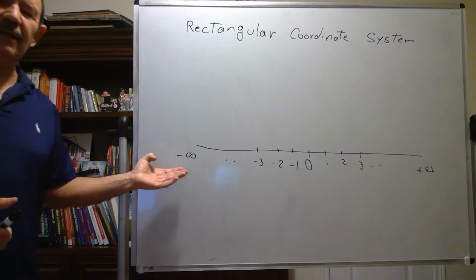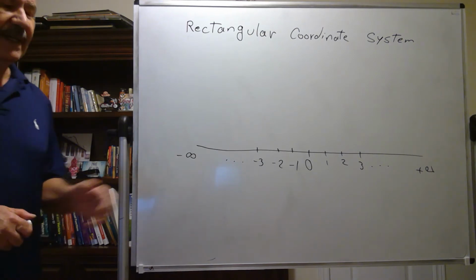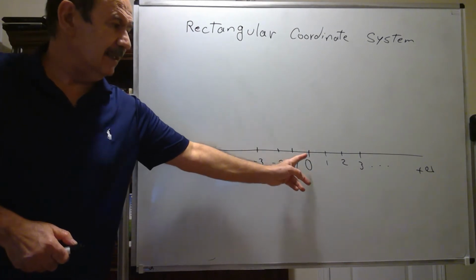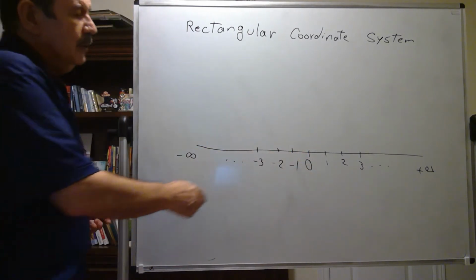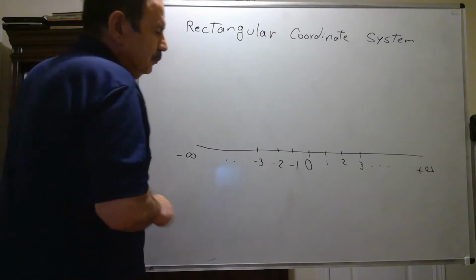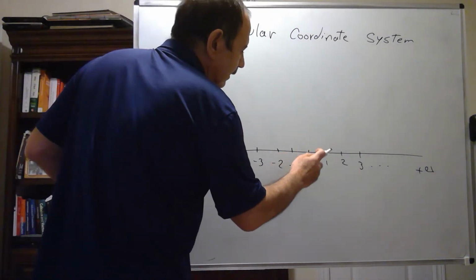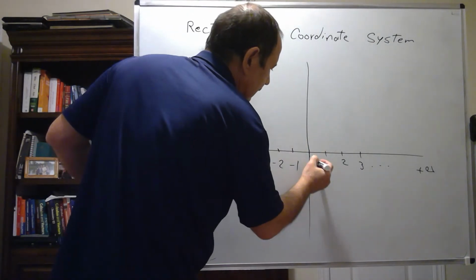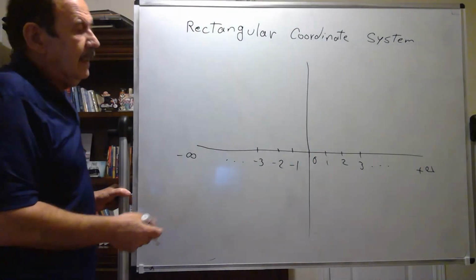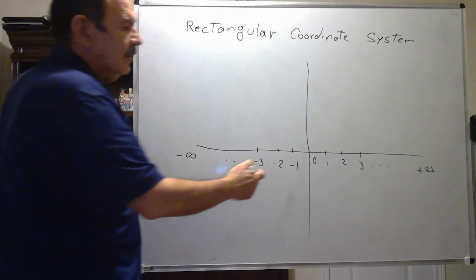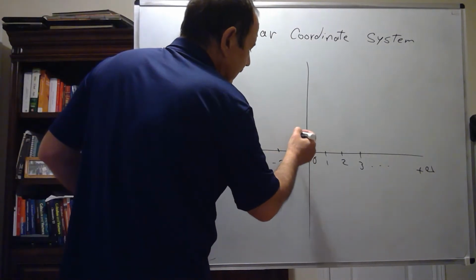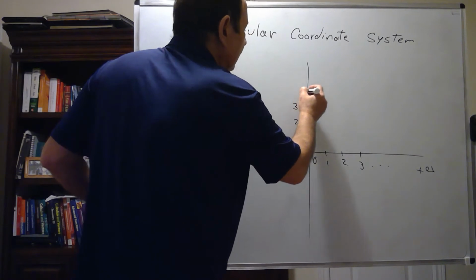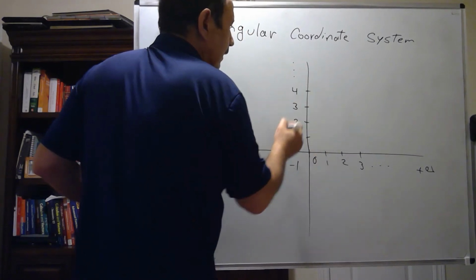If we draw a vertical line that intersects with this horizontal line at the point 0, it is a vertical number line. So I can scale it with 1, 2, 3, 4, and continue to the top.